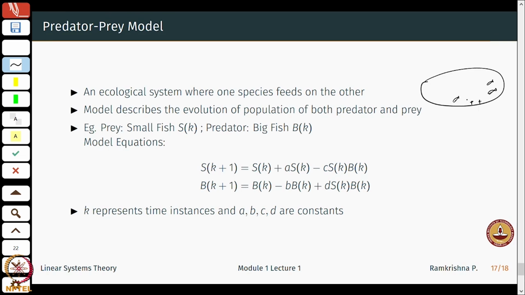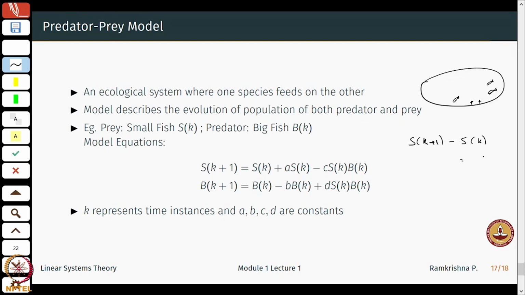I can write this as a model. If I take a difference, this k here would be my time instant, or each sampling instant, if I call it in terms of the signals perspective. So, the difference of the number of fish at time k and at time k plus 1 will always be increasing, because I know that they do not die naturally and they have infinite resources to feed on.